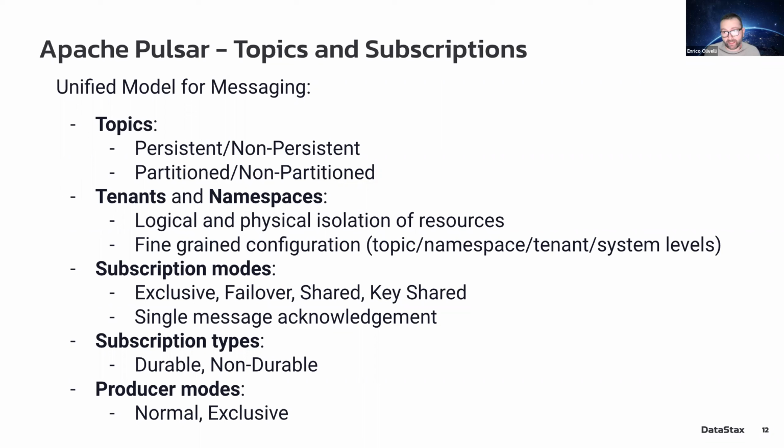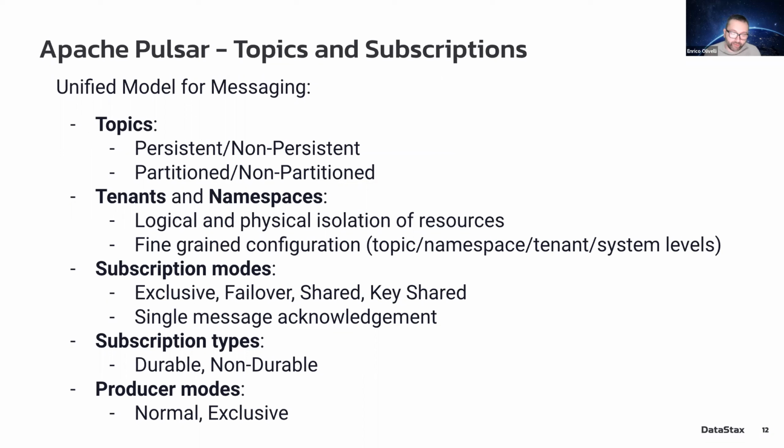You have tenants and namespaces. So topics are grouped in namespaces, and namespaces are part of tenants. And the tenants provide logical and physical isolation of resources. So you really can tell Pulsar to use only some machines for your tenant, or simply divide the resources at logical level and assign quotas and so on.